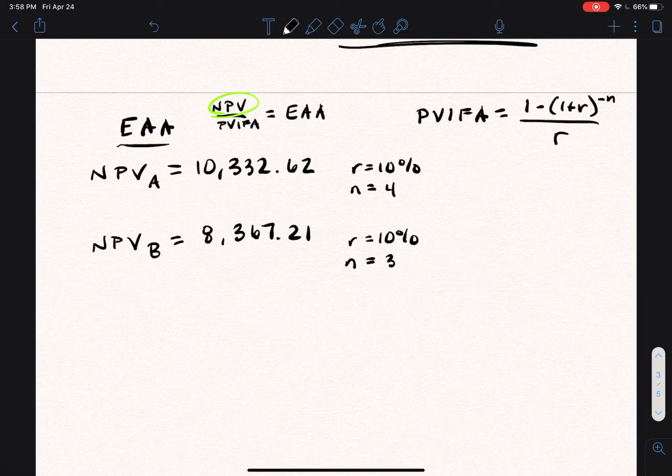And so we're going to say, okay, PVIFA sub A, if we talk about project A, is equal to 1 minus (1 plus, and remember, when we're doing actual math, we have to convert to a decimal, so that's 0.10) raised to the negative n, which is 4, so negative 4, and then divided by 0.10.